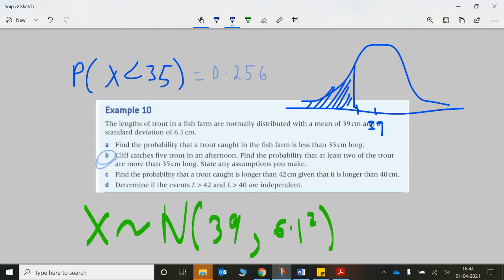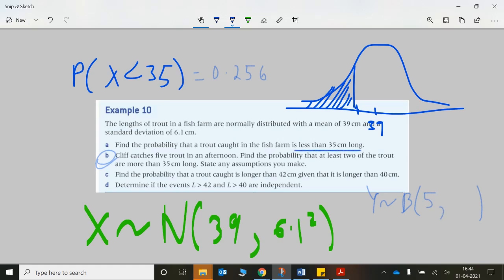Okay, so this is another one of those where it's going to turn into a binomial distribution, because we're now interested in, let's call it Y. We're now saying that Y is binomially distributed with a sample of 5. So we've got 5 trials here, and we have a probability of success here.